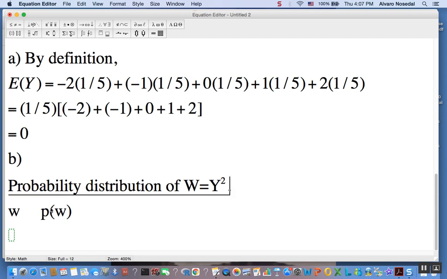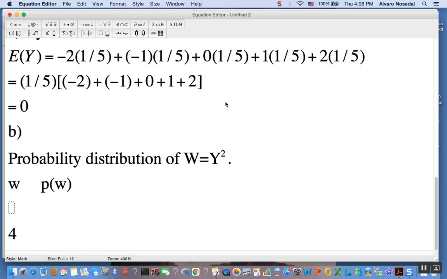So, possible values of Y: -2. If you square it, then you end up with a 4. Note that if you square +2, you also end up with a 4. -1 squared equals 1. Note that 1 squared also equals 1.